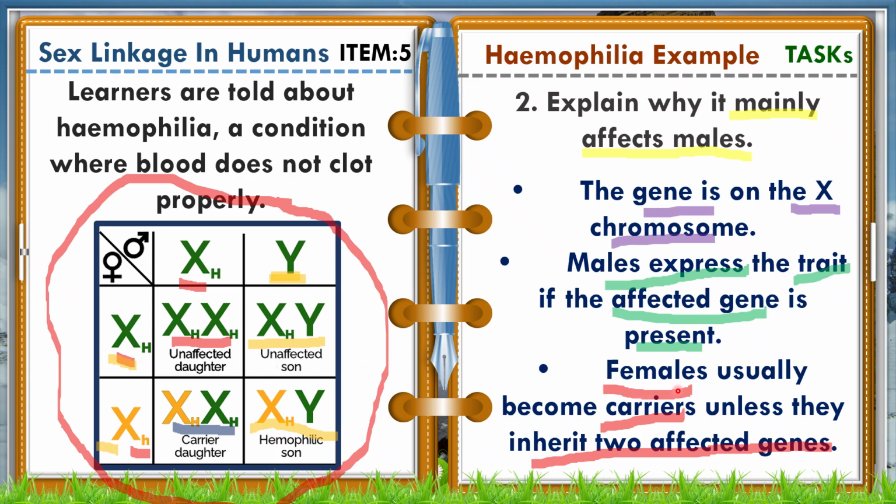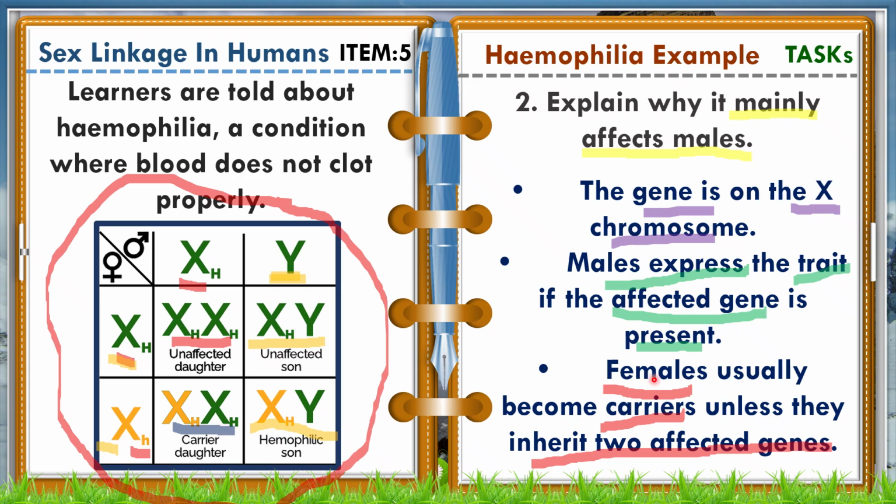And for the female, usually they become carriers unless they inherit two affected genes. So when you look at this girl, she has the normal and the normal. Therefore, she's an unaffected daughter. When you look at this girl here, she has the affected X chromosome and the normal. Therefore, she will become a carrier, but not hemophilic.